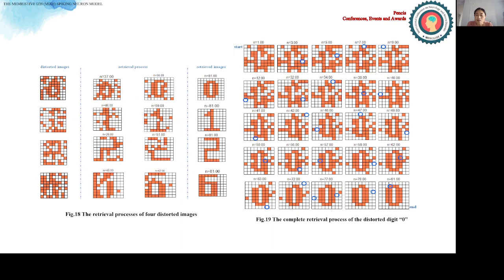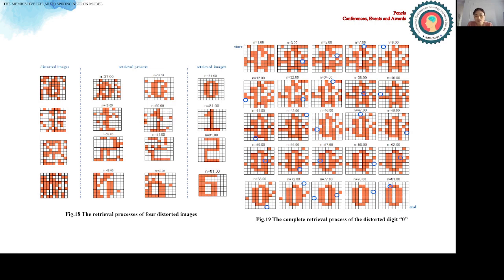The MIZH spiking oscillatory network is formed by 9 times 9 MIZH spiking neuron models. The white grid is the resting state of the MIZH spike neural model. The color grid is the firing state of the MIZH spike neural model.